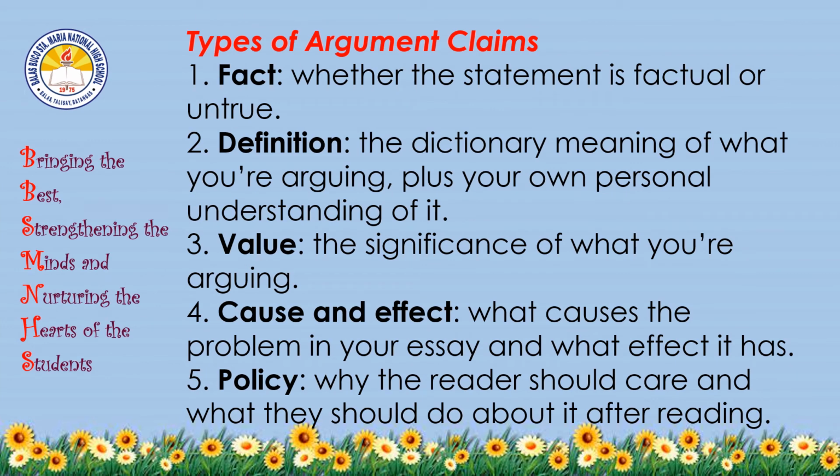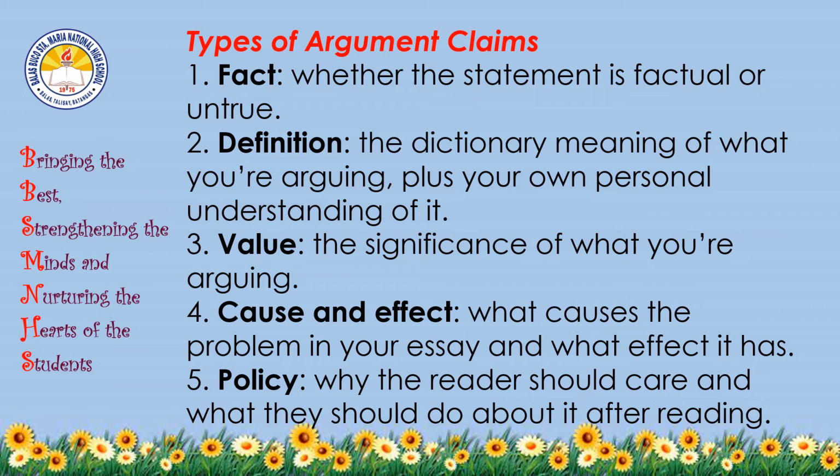Now let us have the different types of argument claims. So first, we have fact. It is whether the statement is factual or untrue. Second, definition. An argument claim deals with definition, the dictionary meaning of what you're arguing, plus your own personal understanding of it.